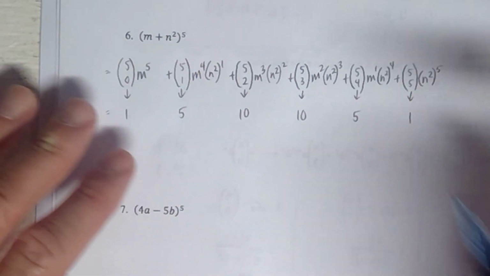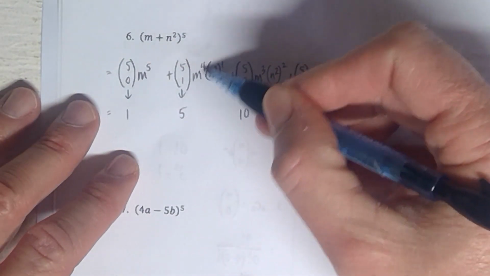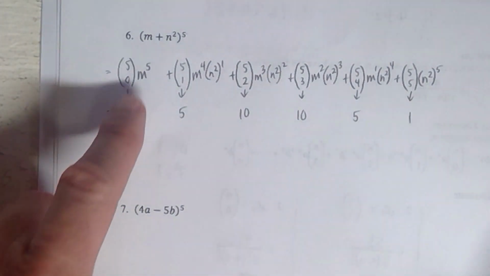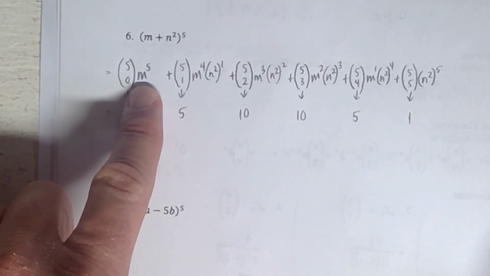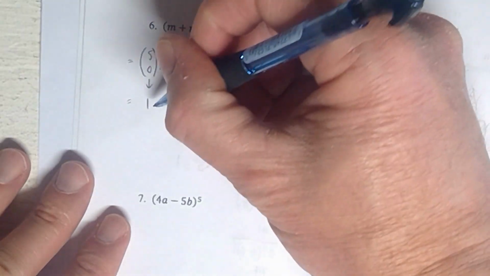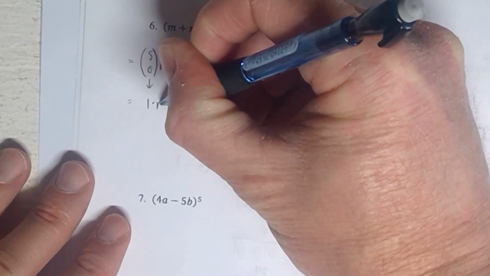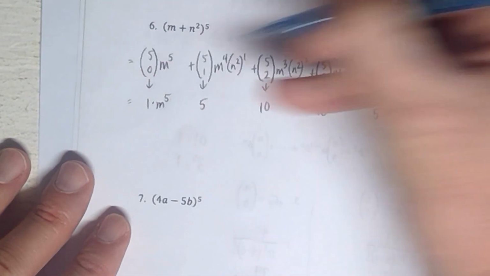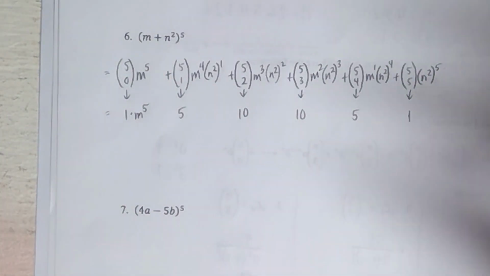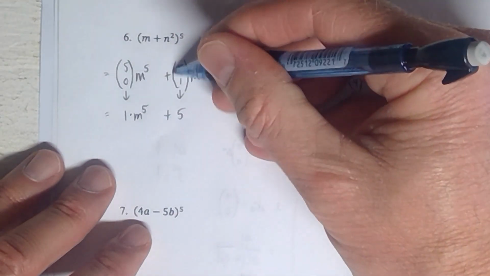Okay. Then you take, like I said in the last problem, the first term and the last term, and whatever exponent they're taken to, you actually figure that out. If you have just a variable, though, like m taken to the power, that's not going to do anything. You try to figure out what that's equal to, but m to the fifth is just going to stay as m to the fifth, all right? That's just what it's equal to. On the other hand, bring down the plus there.